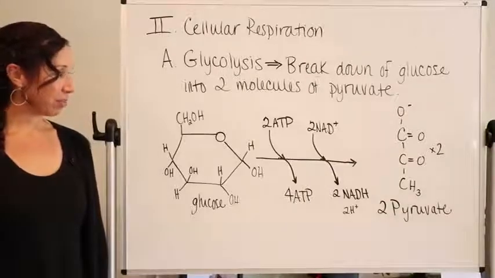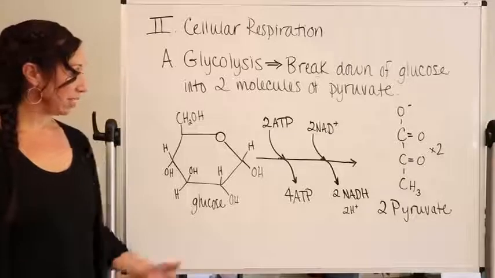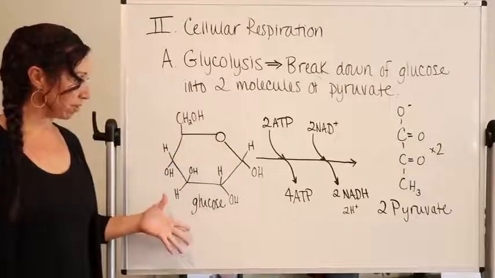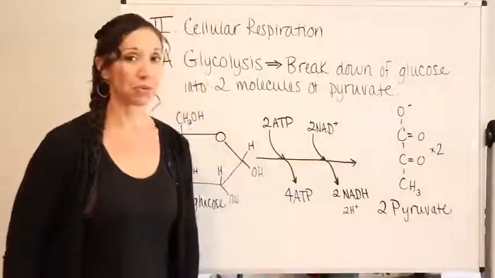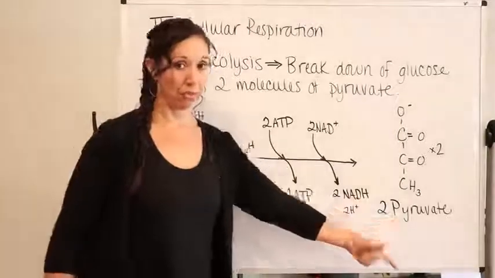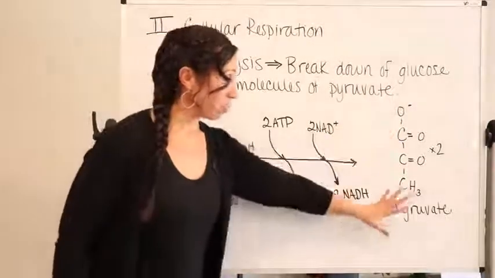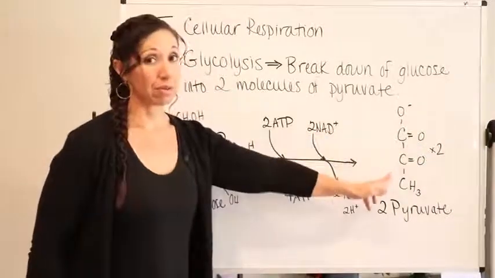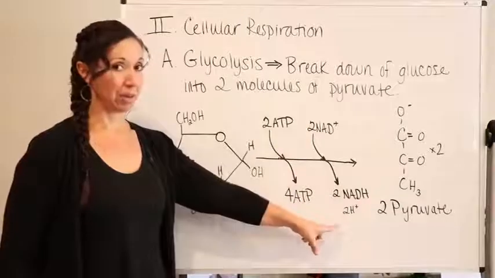It's good to be able to recognize the atomic structures behind all these and what's going on here. So 1 molecule of glucose through a series of reactions is going to become 2 molecules of pyruvate. 1 6-carbon chain becomes 2 3-carbon chains. They don't look the same anymore though, because throughout this whole process we've stripped away some hydrogens and their electrons, and NAD and NADH have now come into play.